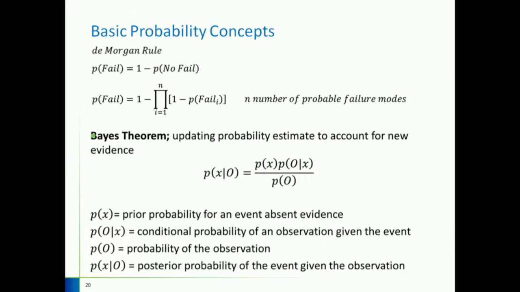A and B happen, but also C can happen. So in order to eliminate all those ors, you can use this kind of equation and get to that by eliminating those ors. Bayes' theorem, I'm going to skip that for now, but it's there for your reference.